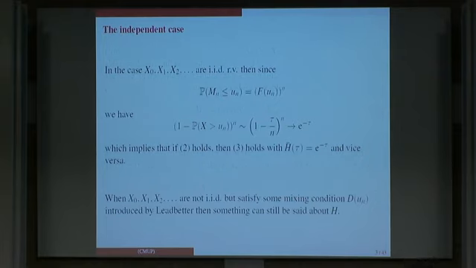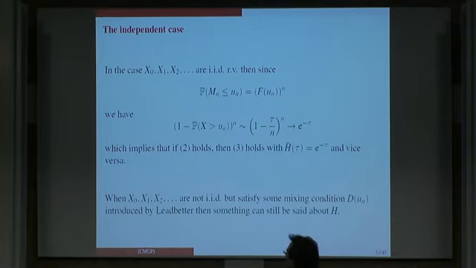So for independent and identically distributed random variables, basically what one expects is this sort of limit, where, if we do some linear scaling, then this tau may have some different shape, but in all cases we have an exponential of something.